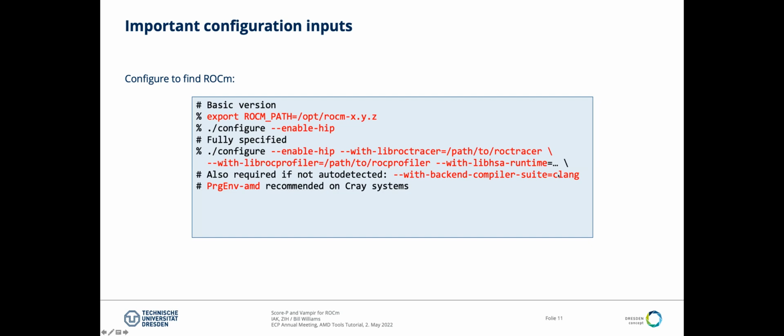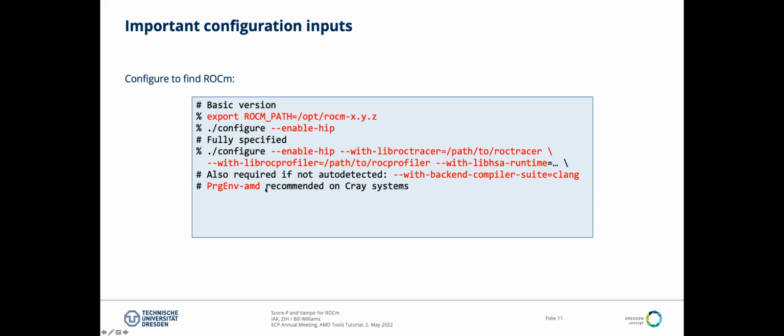Also, most of the time, our autotools should detect that hipcc on the back end is a Clang-based compiler, and we should instrument accordingly. If that turns out not to be the case on a given system, a given module configuration, you can specify what the backend compiler suite is supposed to be like.